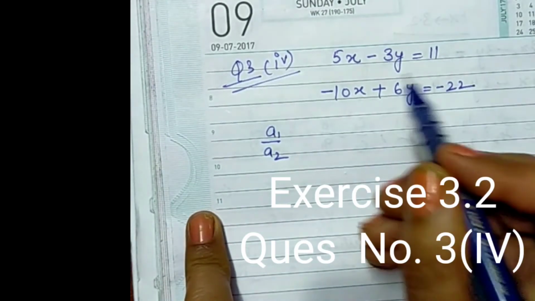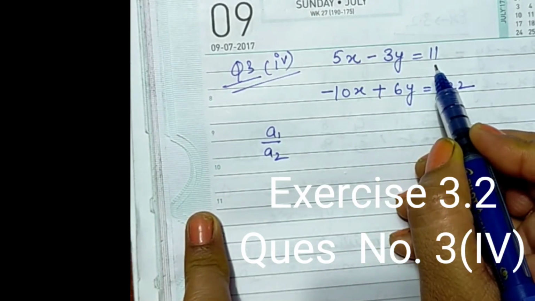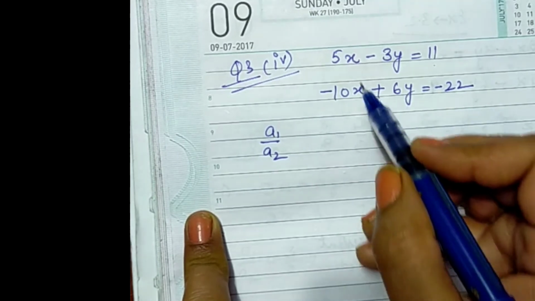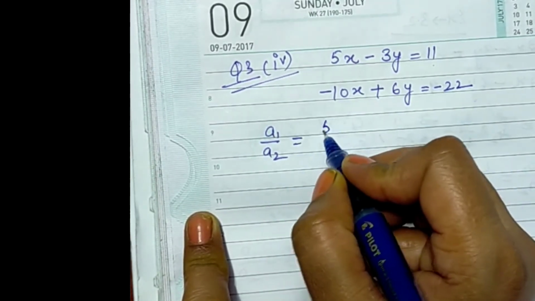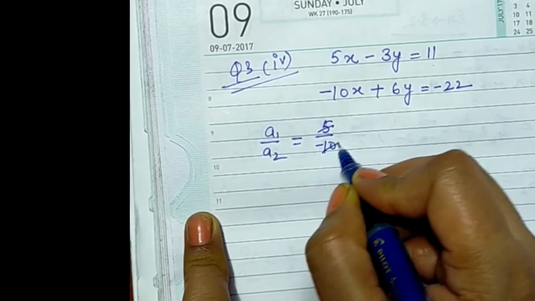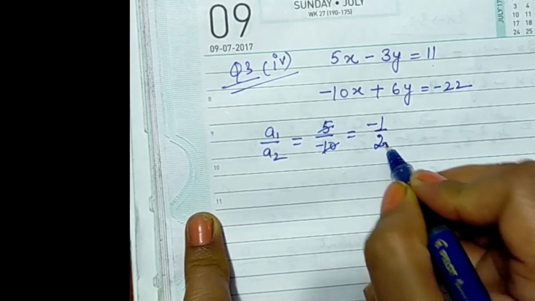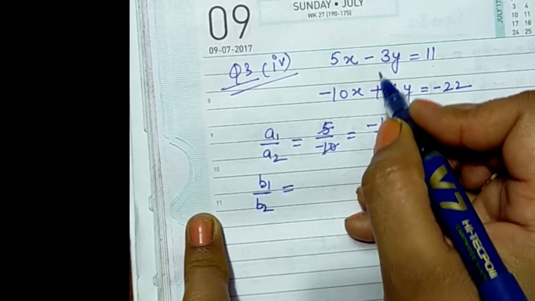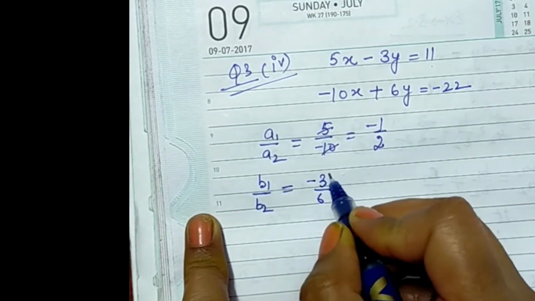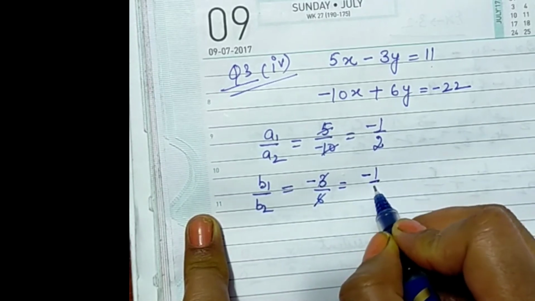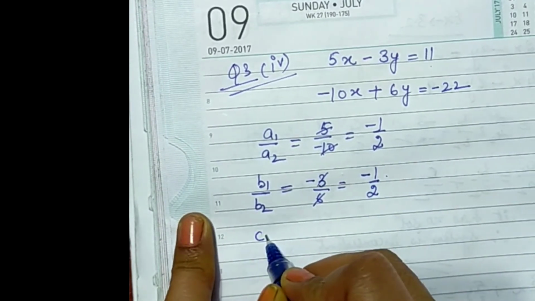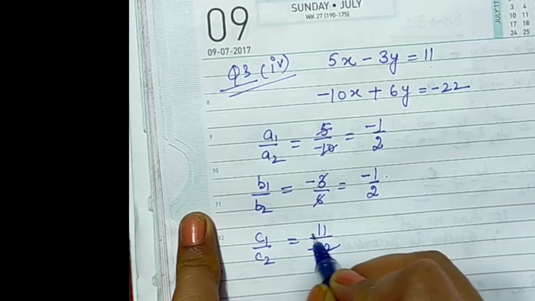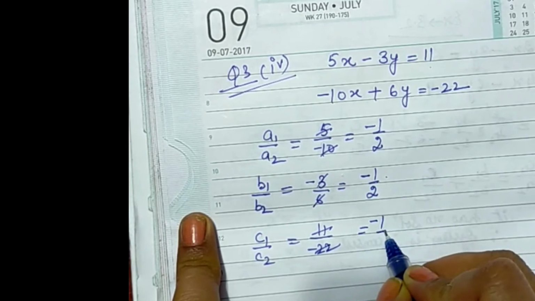Now the next part, 5x minus 3y is 11, minus 10x plus 6y is equal to minus 22. So a1 over a2 is 5 over minus 10, which gives minus 1 by 2. b1 over b2 is minus 3 over 6, which again gives minus 1 by 2. Now c1 over c2, 11 over minus 22 gets cancelled, and we are left with minus 1 by 2.